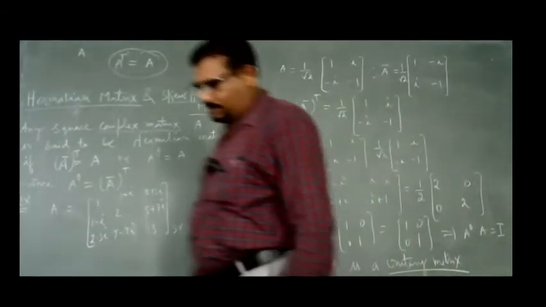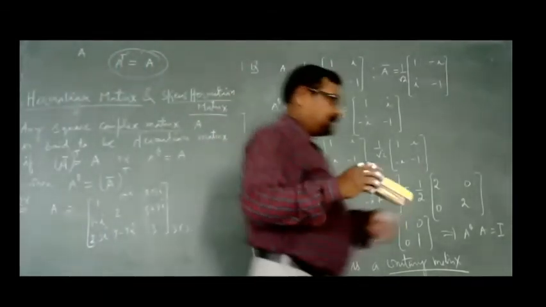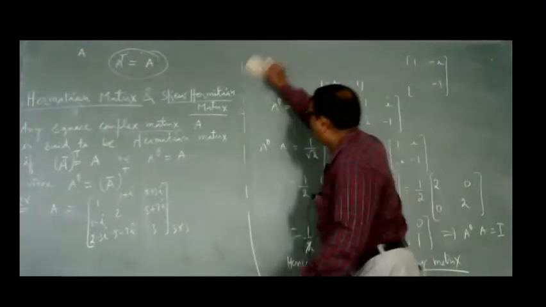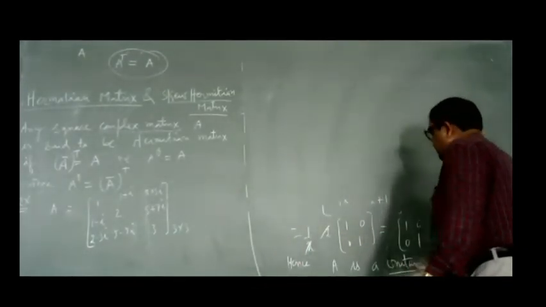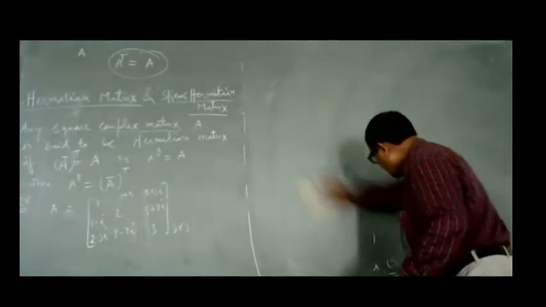So let me explain the Hermitian matrix example, whether it is Hermitian or not. For this purpose, we first find the conjugate of this matrix.